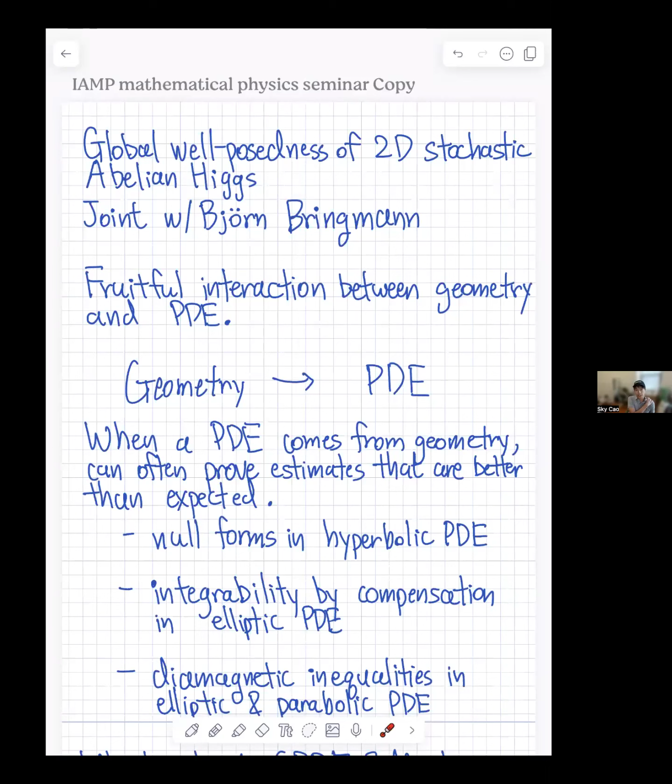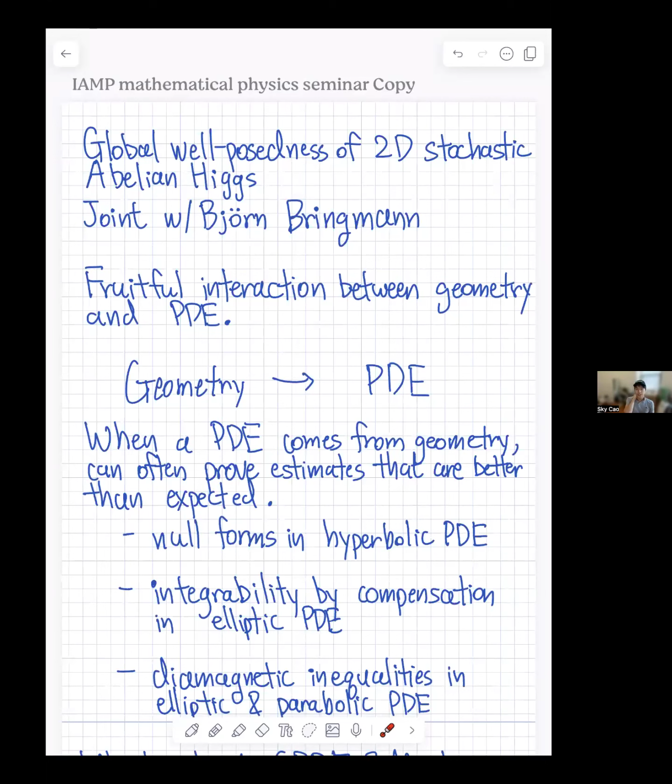And these improved estimates then allow you to get better local and global theory results. That's the point, right? So this is a situation where if you have a very special type of nonlinearity, you have refined analysis.